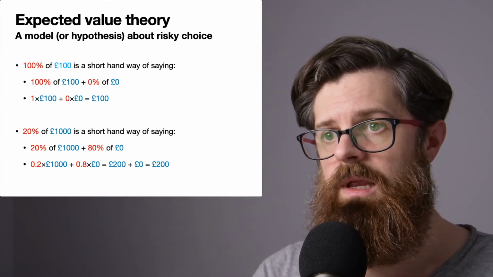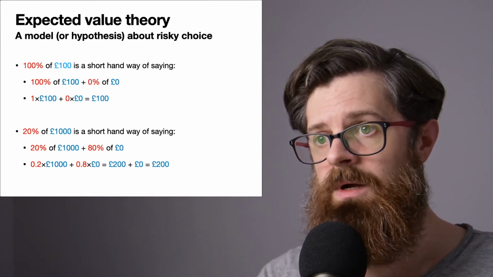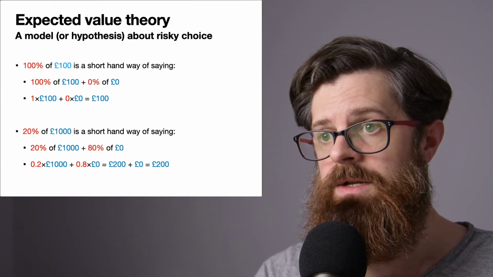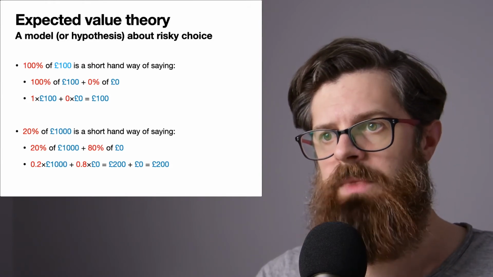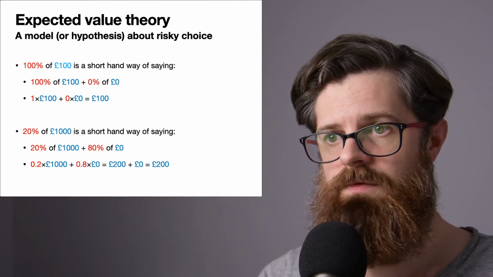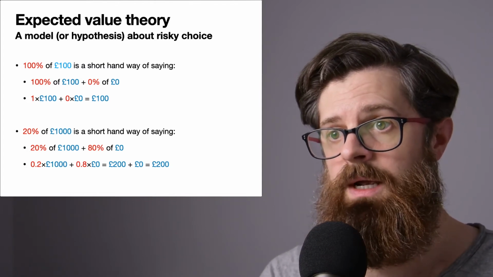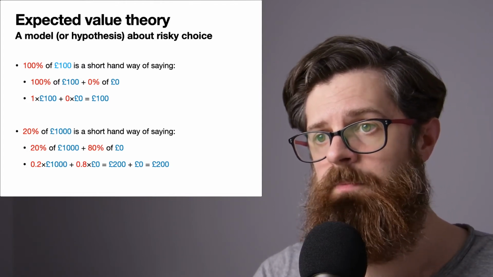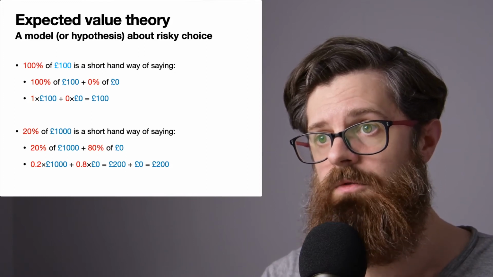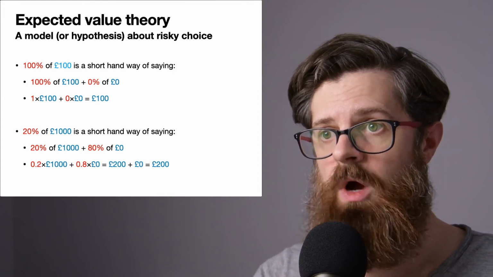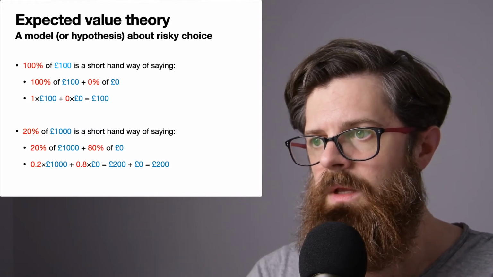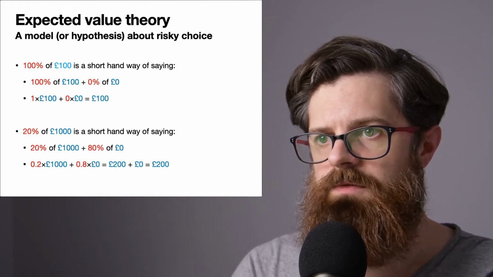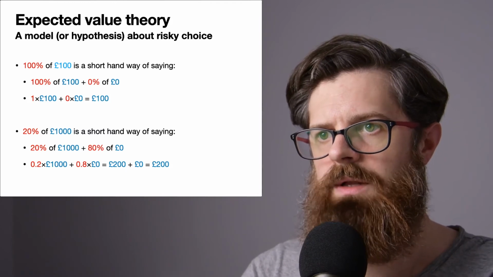So if you work that out, 20% of £1,000 is 200, 80% of £0 is zero, and so the expected value of this particular risky choice here is £200. So that's hopefully useful for those of you who didn't necessarily understand that.